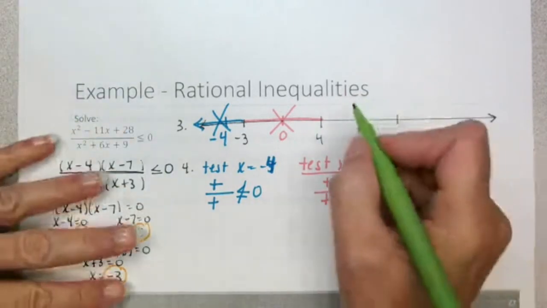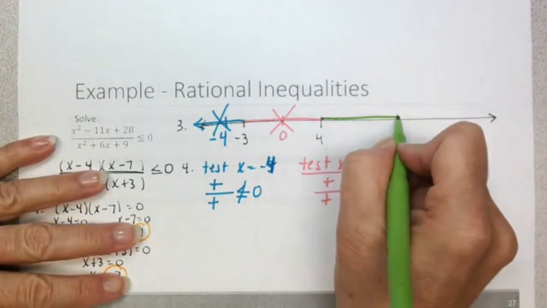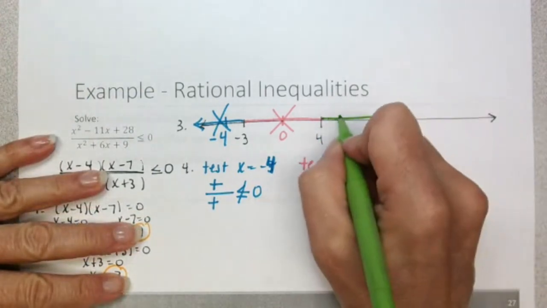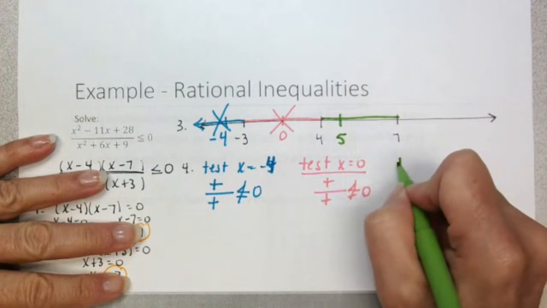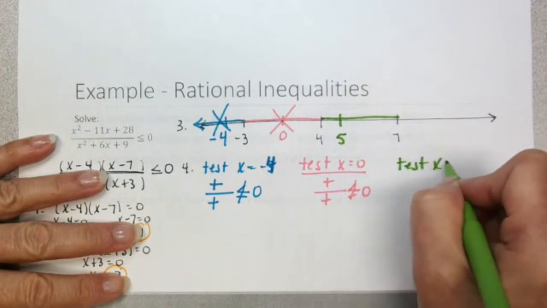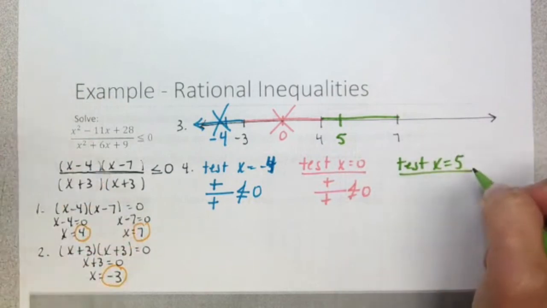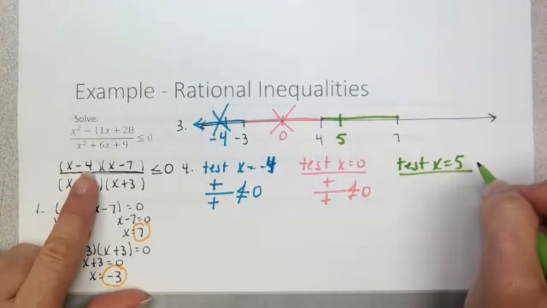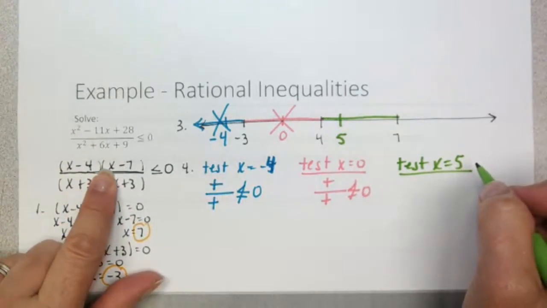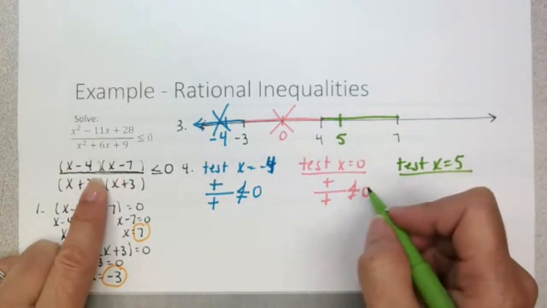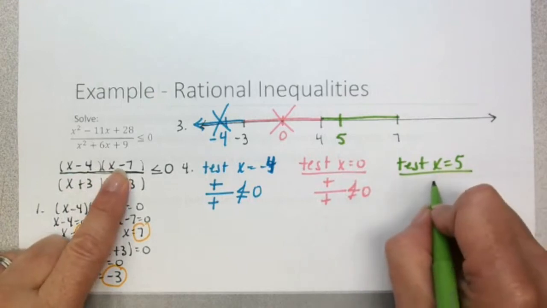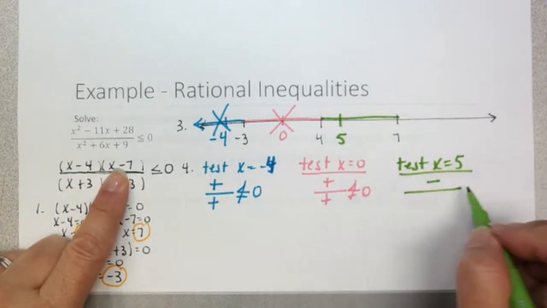All right, let's move on to the interval between 4 and 7. Let's use the test value of 5 in that interval. So we'll test x equals 5. Okay, when x is 5, 5 minus 4 is positive 1. 5 minus 7, that's negative 2. Positive times a negative makes that a negative numerator.